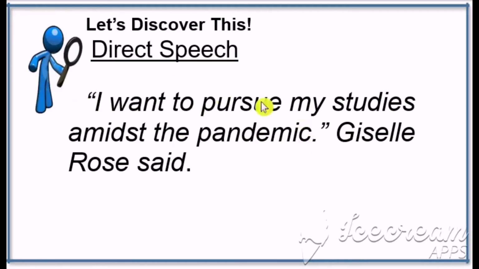Quoted part, this is the statement of what the subject in the statement said. So again, this part inside the quotation marks is what you call the quoted part. This statement here is the exact words or the exact statement that the subject of the sentence said.